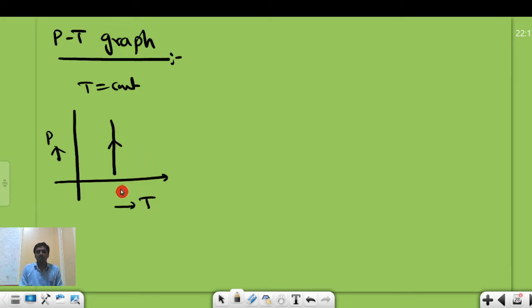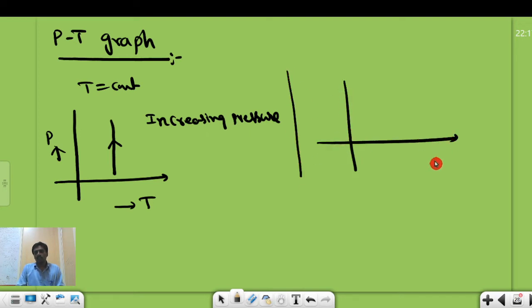This is the increasing pressure graph. Otherwise, with temperature on the x-axis and pressure on the y-axis, the pressure will decrease. This is the decreasing pressure graph.